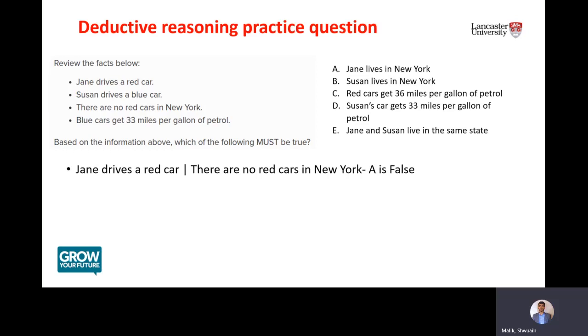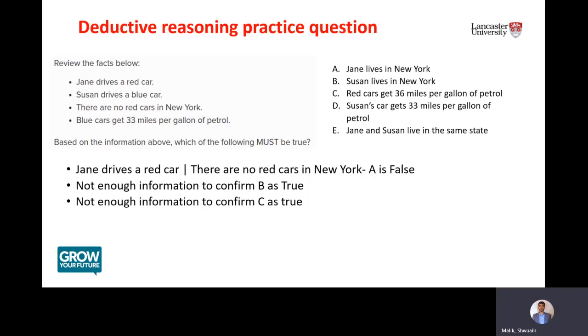So in fact, A is not just not definitely true, it's definitely false. B, Susan lives in New York. All we know about Susan is she drives a blue car. There's nothing said about where Susan lives, so there's not enough information to confirm B is definitely true.